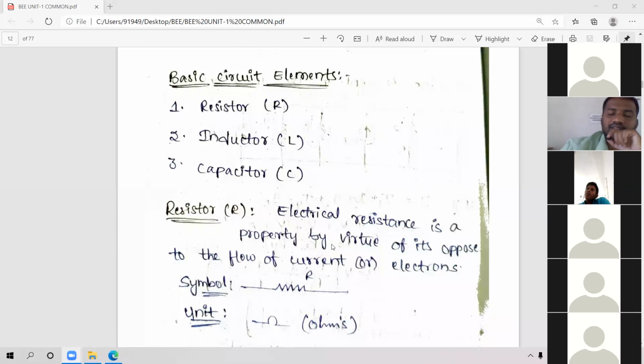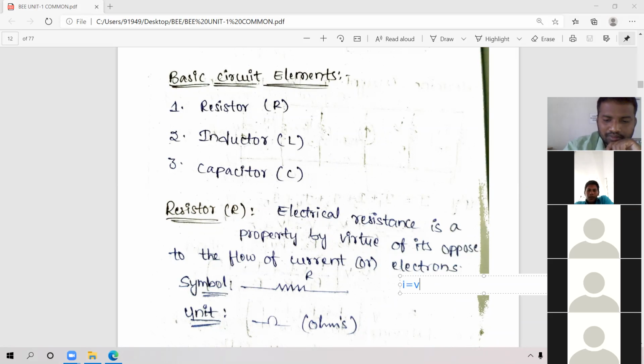Already we have seen that V is equal to IR. I is equal to V by R.